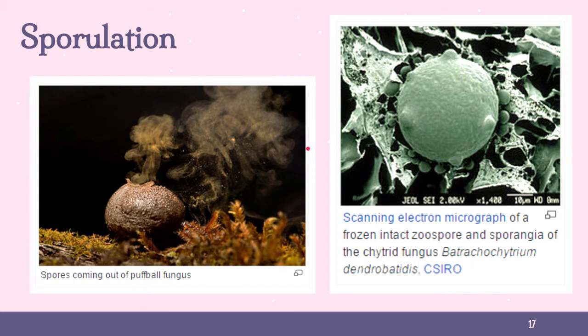The wind will carry them. When they land on the soil or on a substrate, they will grow into another puffball like this. So we see here a frozen intact zoospore of the chytrid fungus Batrachochytrium dendrobatidis. We see it here.